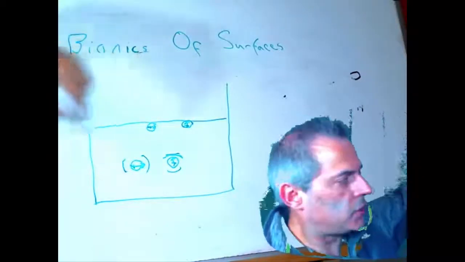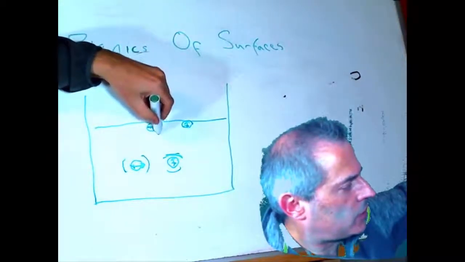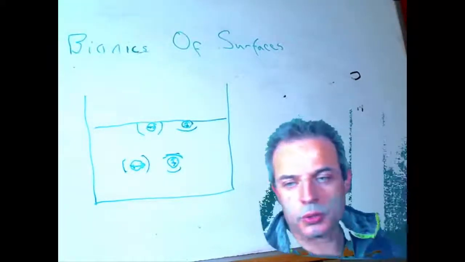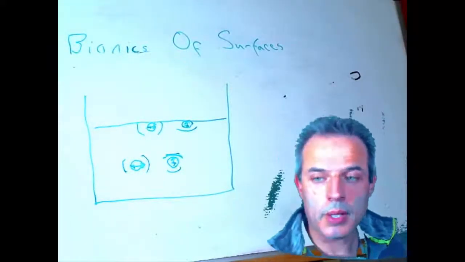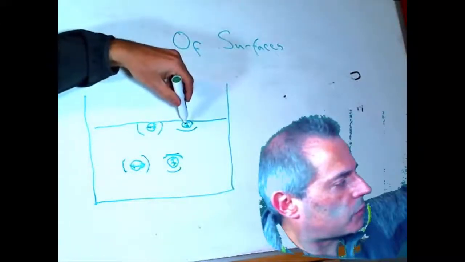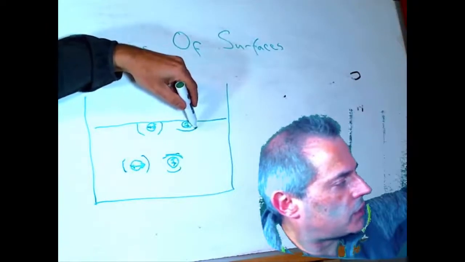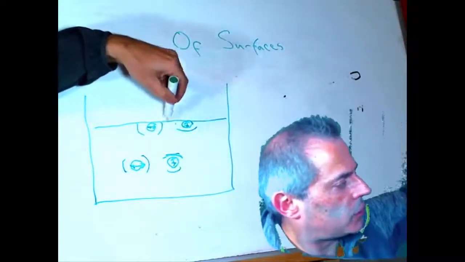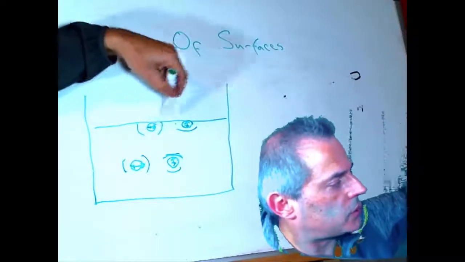If we have them on the surface, however, we have an imbalance because there aren't any molecules above, in an approximation. So we've got a water molecule at the surface, it's interacting with water molecules below it and to the side of it, because it can rotate between these two states.